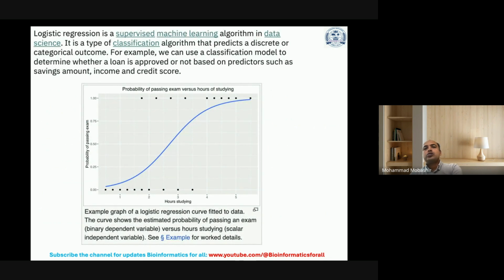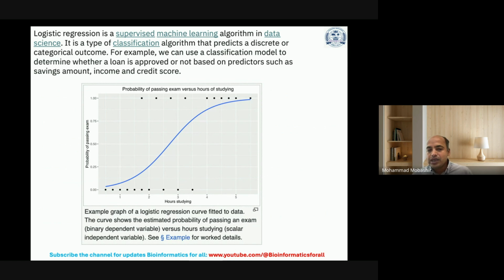Logistic regression is a supervised machine learning algorithm in data science. It is a type of classification algorithm that predicts a discrete or categorical outcome. For example, we can use a classification model to determine whether a loan is approved or not based on predictors such as saving amount, income, and credit score.